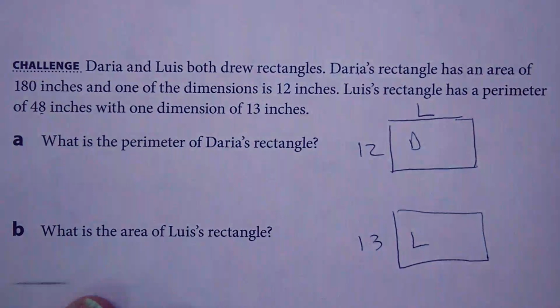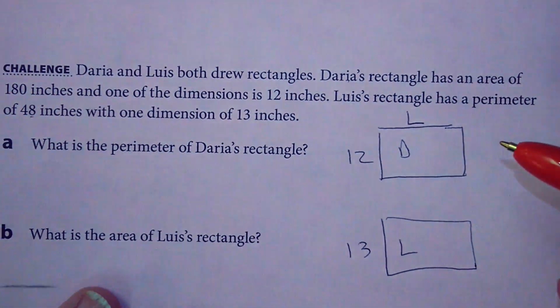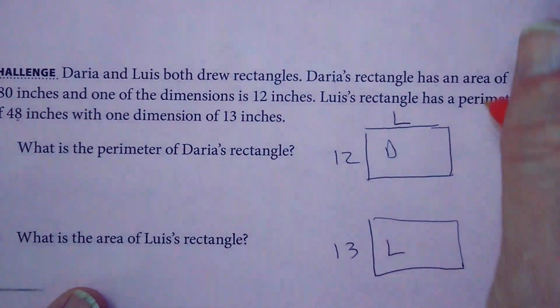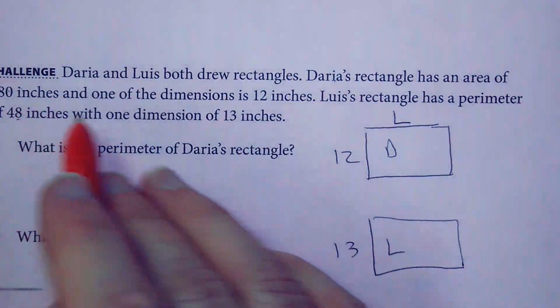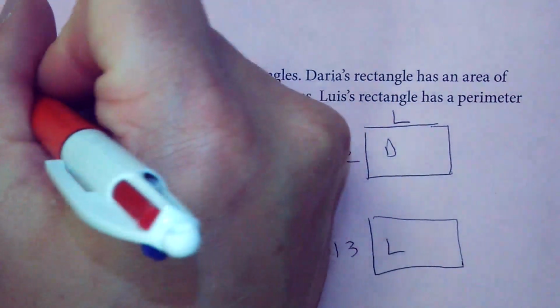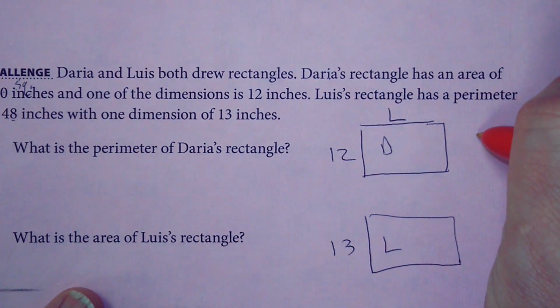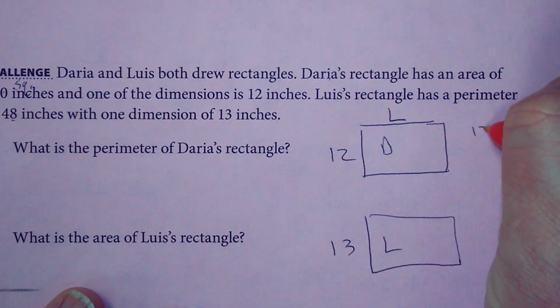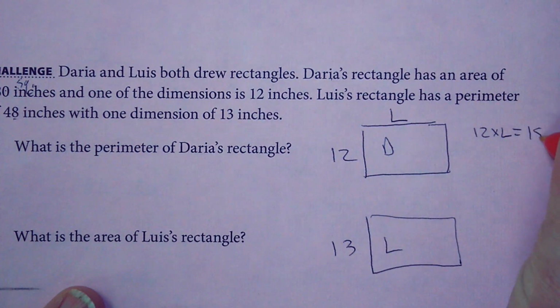So let me walk you through what I'm thinking here. We know that Daria's rectangle has an area of, let's say, 180. So that should say square inches, in case you're wondering. I don't like that it doesn't say that. That's okay. So we're going to say 12 times L, we don't know this one, is 180.